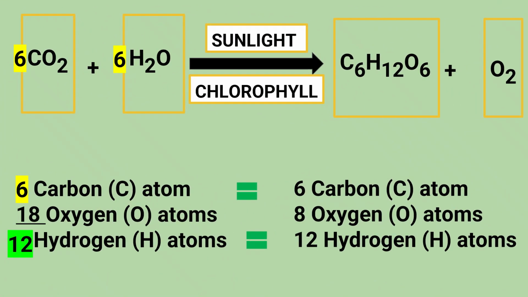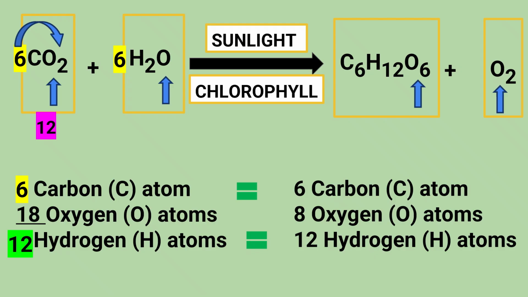Oxygen is present in each compound on both sides of the equation. With the balancing so far, looking at the CO2, there are 6 times 2, which is equal to 12 oxygen atoms.